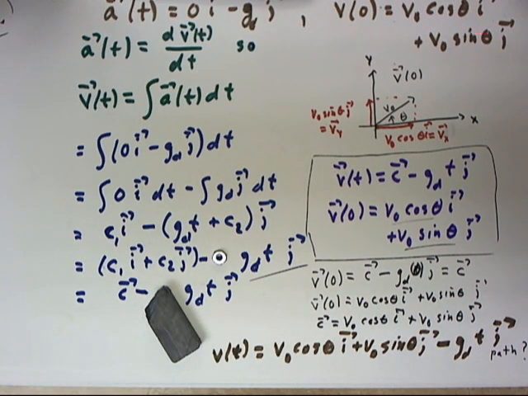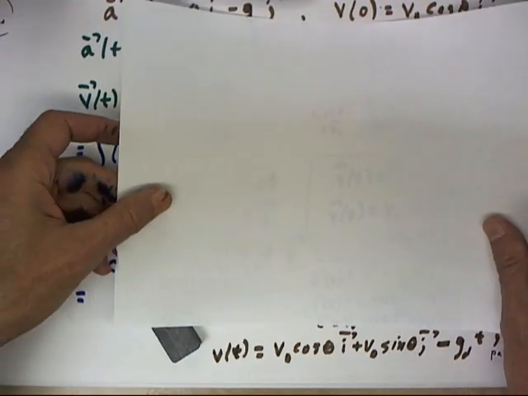It's not too difficult to analyze that. So let's take this function and combine the two j terms here. So we have v naught sine theta minus g sub d t, multiplied by the j vector.